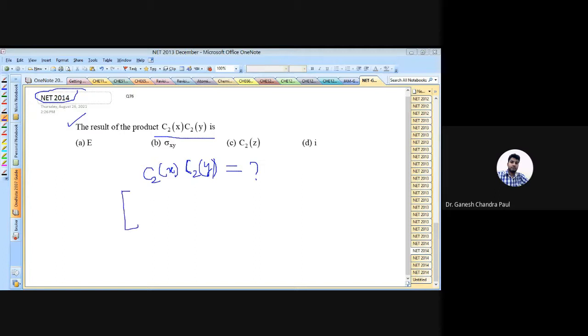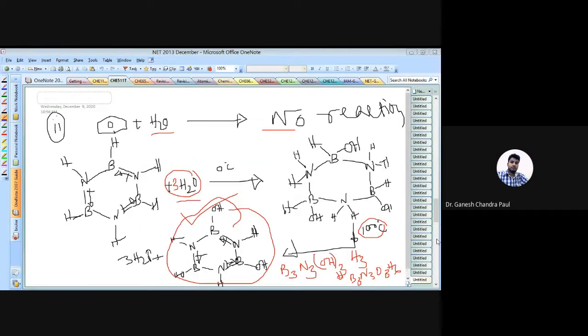C2x means, if you try to write it based on matrix representation, then what is the value of C2x?